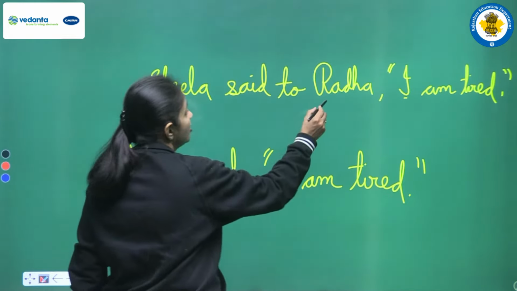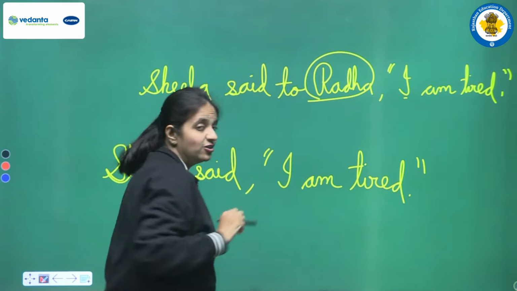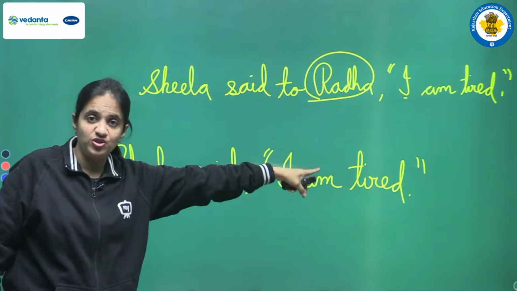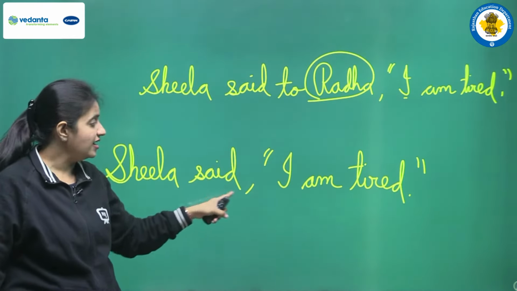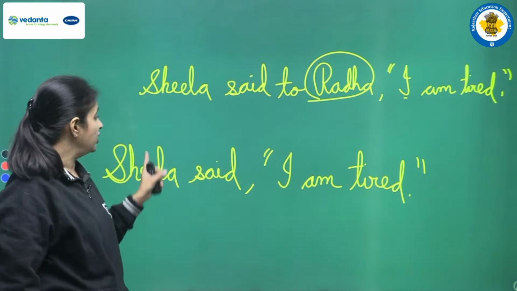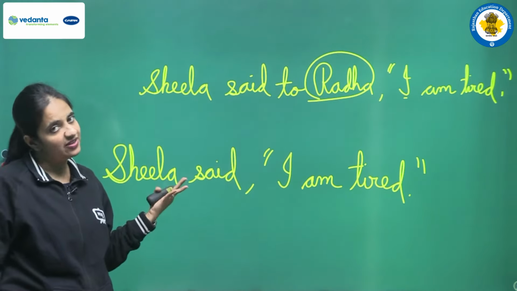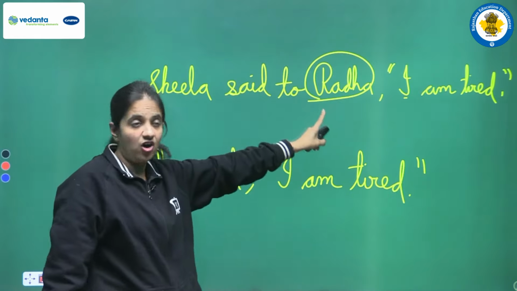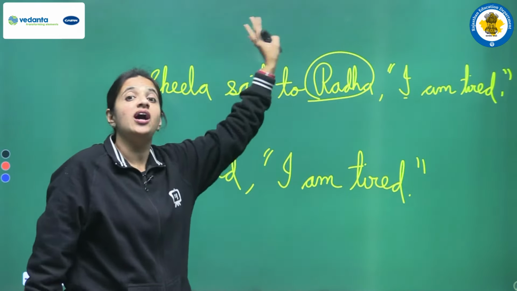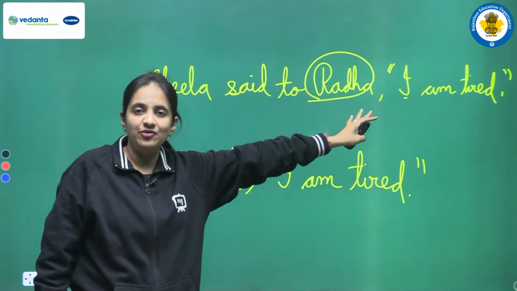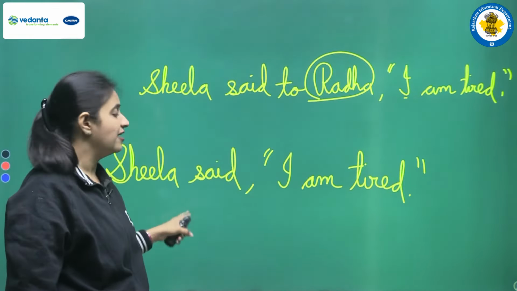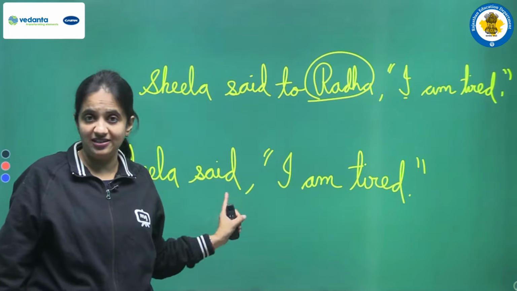In this sentence we have an object, one noun as an object, but in this sentence we have no object, because Sheila is the subject. In "Sheila said to Radha," Radha has the role of object, but in "Sheila said," there is no object.